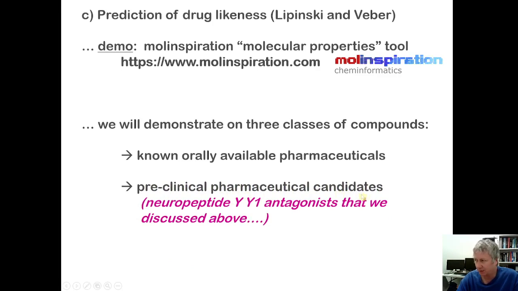So these are maybe halfway to a commercial drug, or even less, more likely less. And these may have liabilities, or like there may not be orally available. And we'll also try a peptide-like pharmaceutical, which you probably can guess if that's going to be an orally available drug, or predicted that way with these tools. And usually the answer is no. So we'll see how that works out.